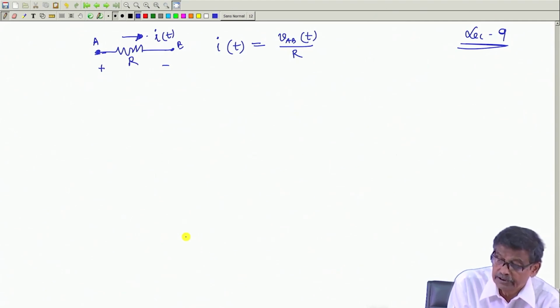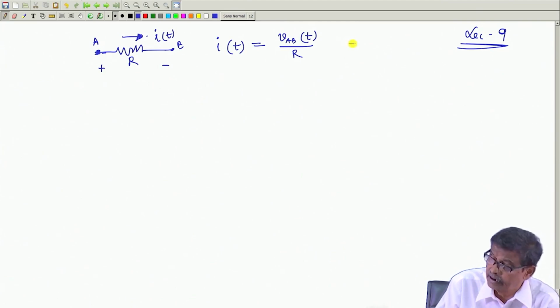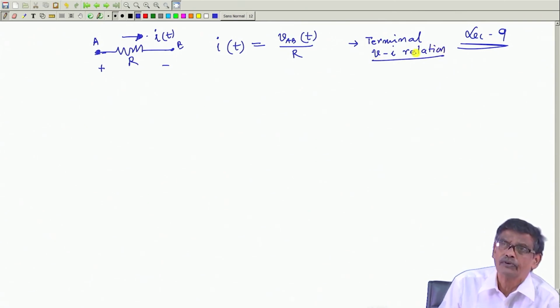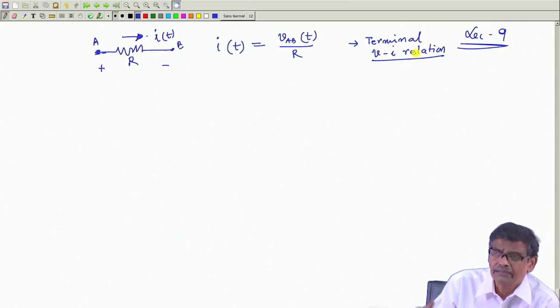So, once you have assumed the direction of the current, this will be plus minus, and these are called the terminal VI relations. Small letters are generally used for any time varying quantity.